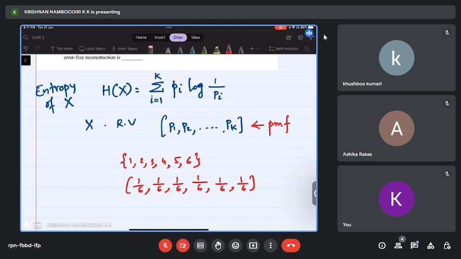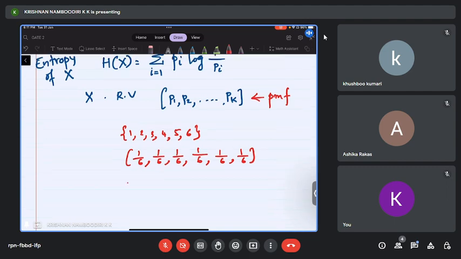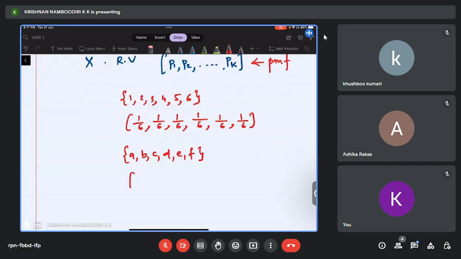Suppose I have some other experiment which has 6 possible outcomes. Say, instead of writing 1, 2, 3, 4, 5, 6 on the faces of the die, I am writing A, B, C, D, E, F, and assume that die is also unbiased. So the probability mass function will remain the same: 1 by 6 for each.